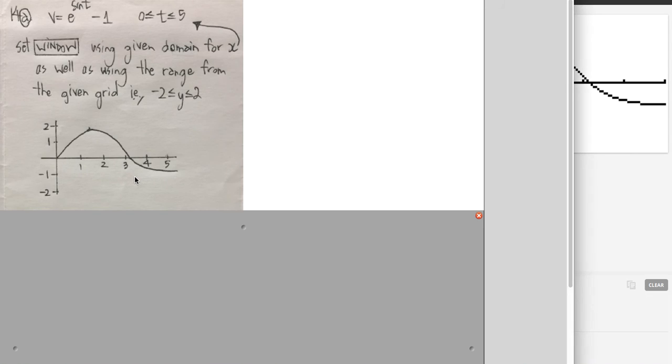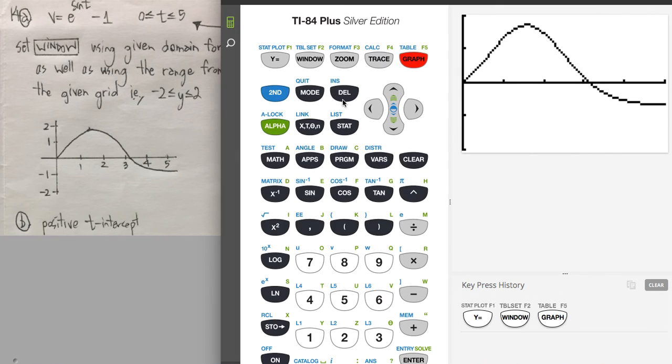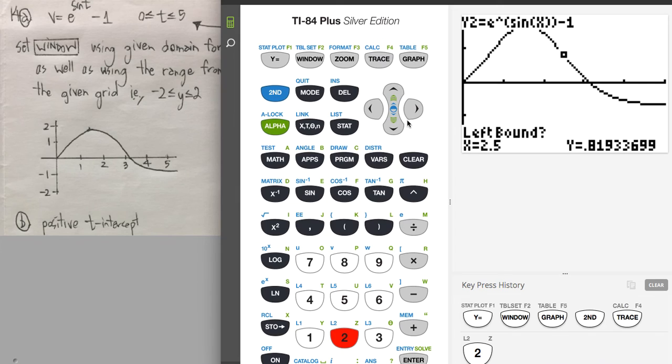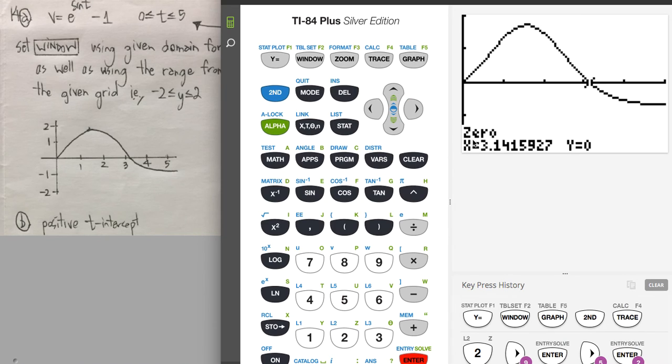So the next question was to find the t-intercept, and that can be done using our GDC as well. You can use the second calc feature and look up a zero, and then you just trace along the graph, hit enter, go to the other side of the zero and hit enter, enter again, and there's our t-intercept.